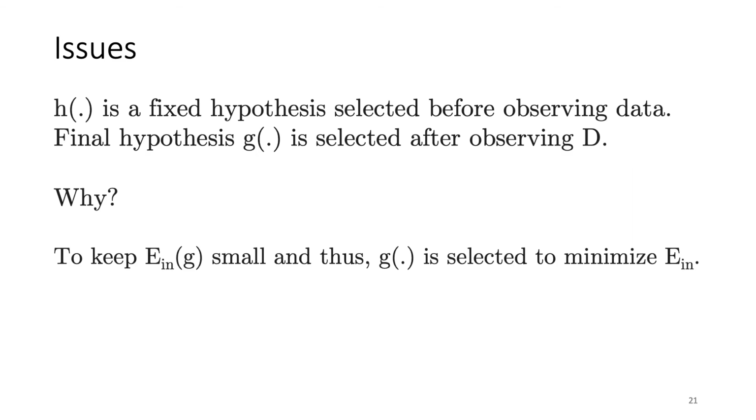That's why first the h was a fixed hypothesis before observing data. But afterward, the final hypothesis g, the best performing among those h's, is selected after we observe D. Why is that? Because simply we want to keep E_in of g small. We want the best training outcome when we train a model, and we want to use the best g to accomplish that, right?